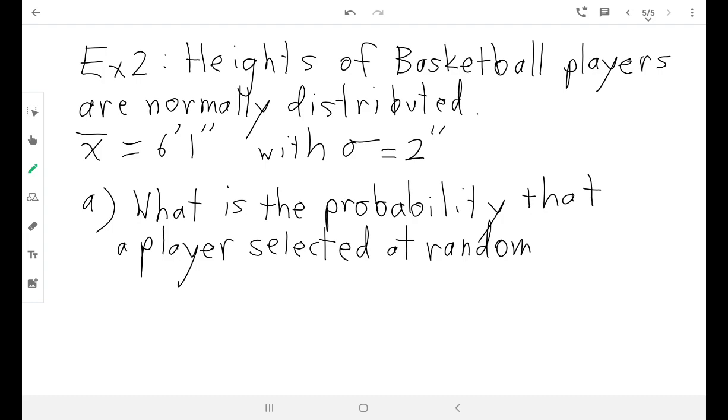I don't know if I've made that real clear, but random data is normally distributed. Data that isn't being manipulated in any way is normally distributed.